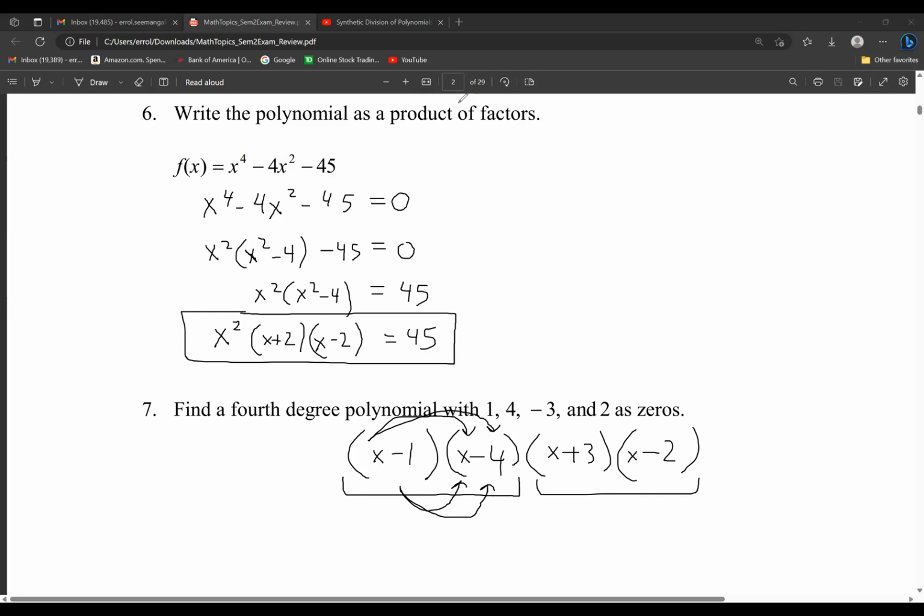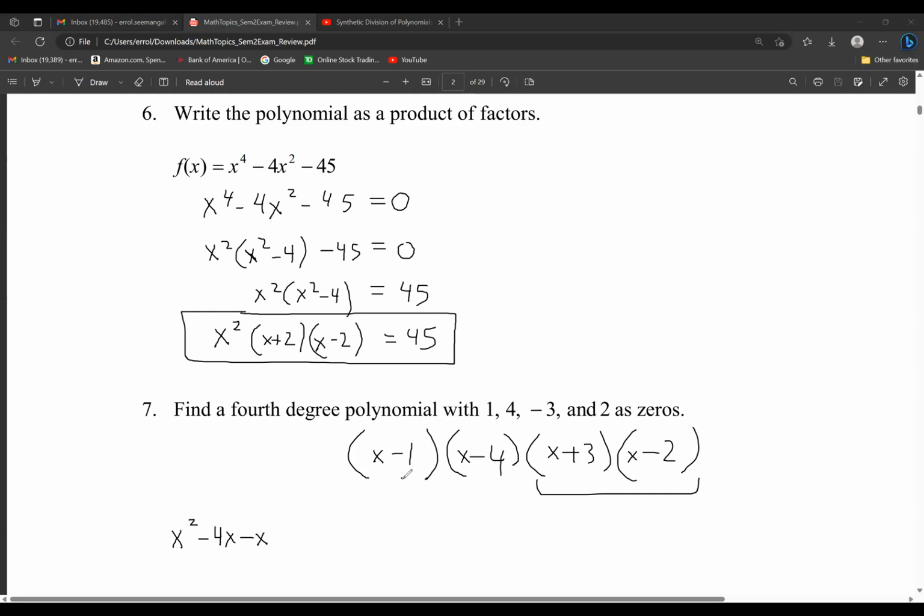What's this first one multiplied out? So x squared, minus 4x. What's next? What's the third one? -1 times x? -1 times x, it would just be -x.